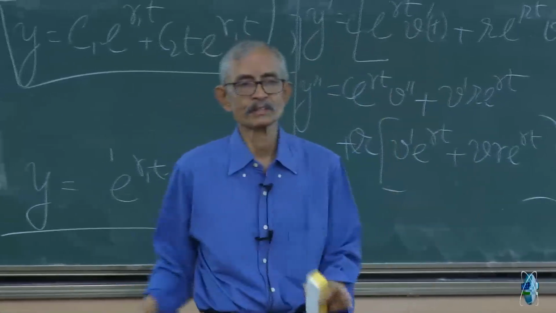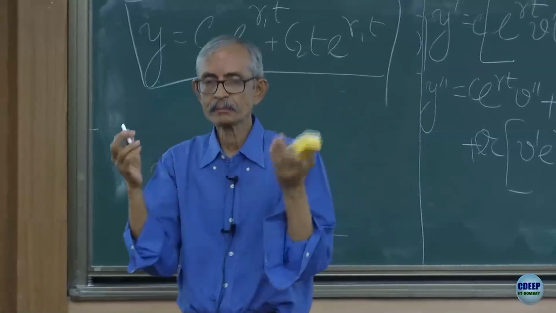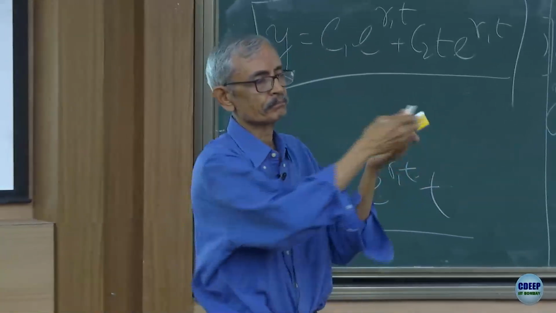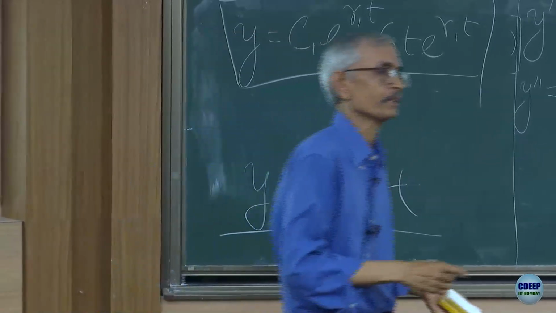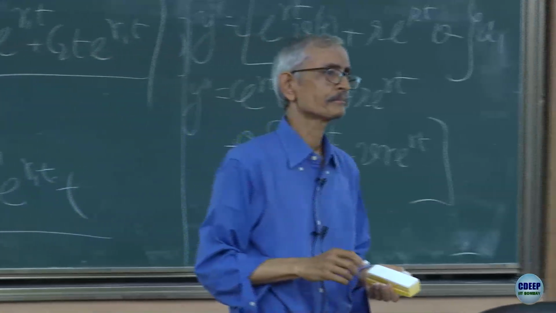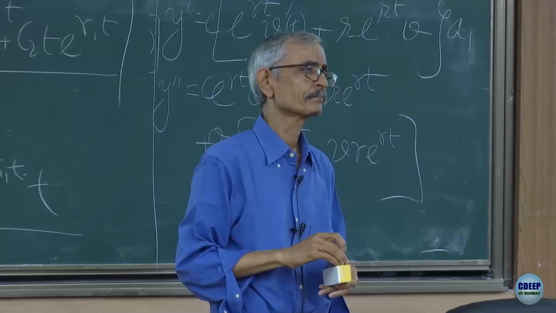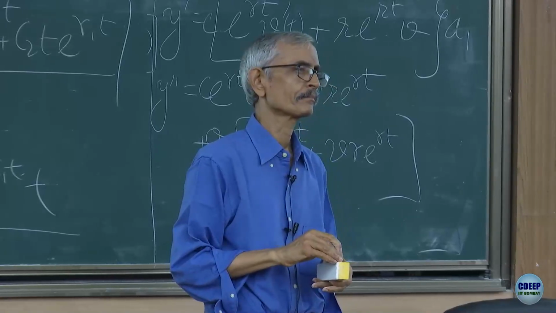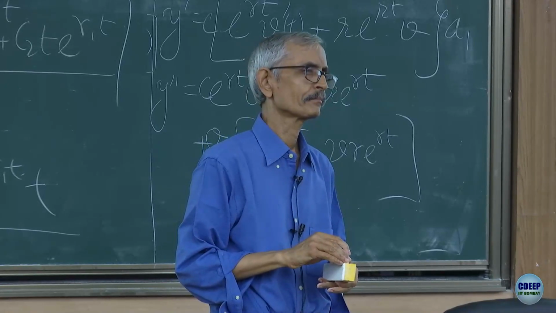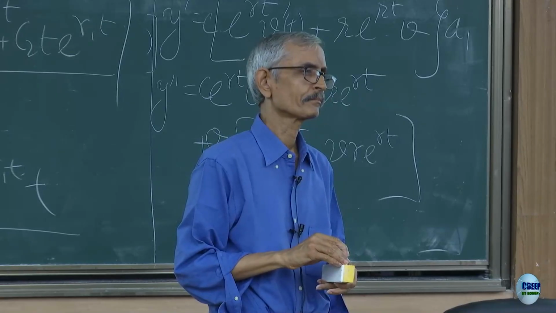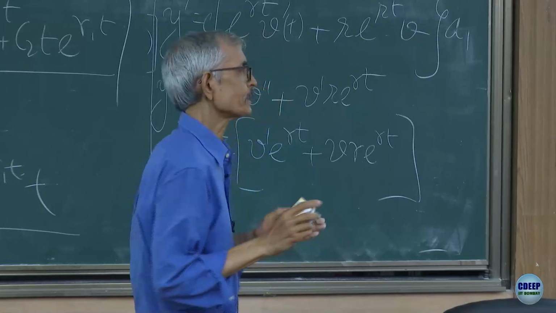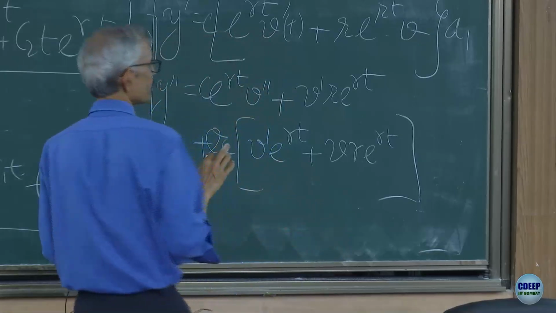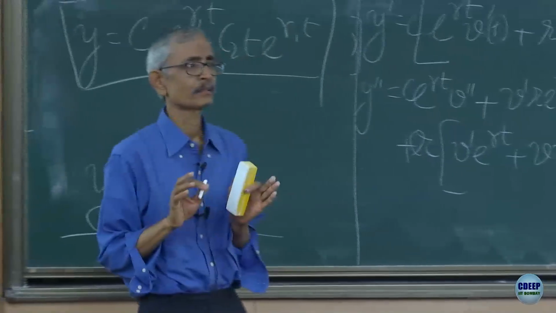Otherwise, you can use a plus ib, push it together, do a manipulation and get rid of the i. So when the roots are equal, the iota term goes to 0, right? Then why look for the second solution?